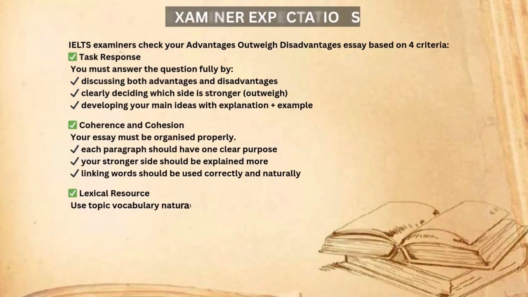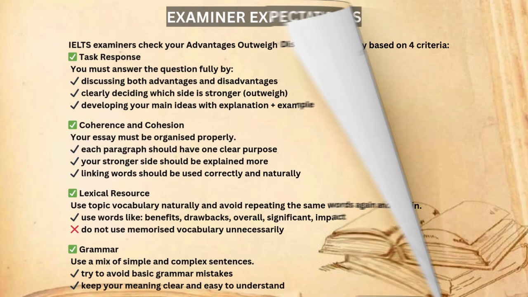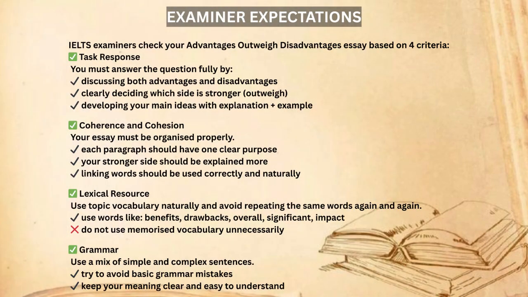Now students, let's understand what IELTS examiners expect from your advantages outweigh disadvantages essay. Because if you know how examiners check your writing, you can easily score higher. IELTS examiners check your essay band on 4 criteria. First is task response.